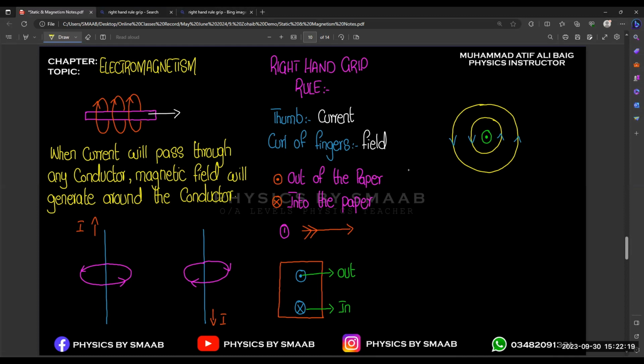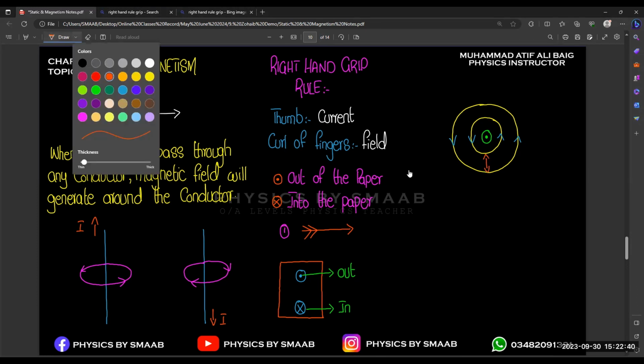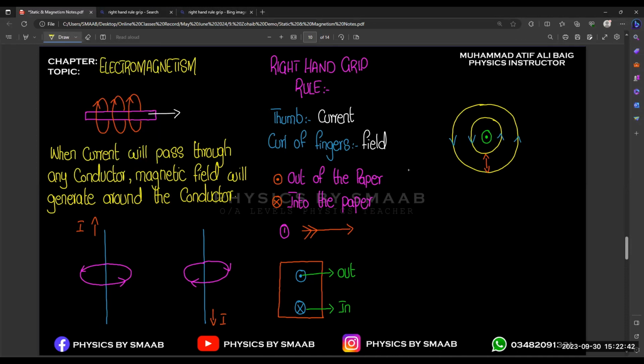And with the reference of the diagram, we can identify this concept with the distance between the field lines, right? Like if you observe in this diagram, you can see that there is a certain distance between these lines. Now if you draw another field line, that will be at a more distance as compared to this distance, right?